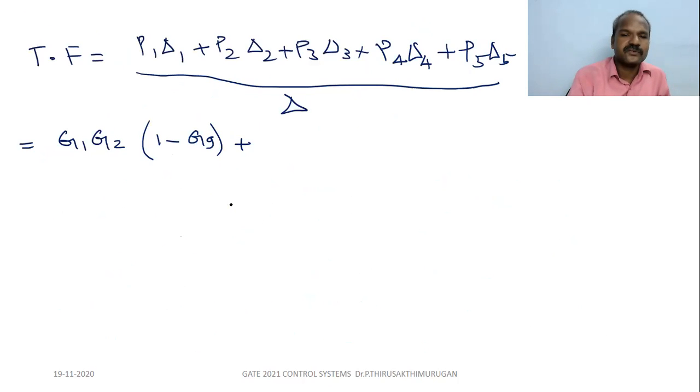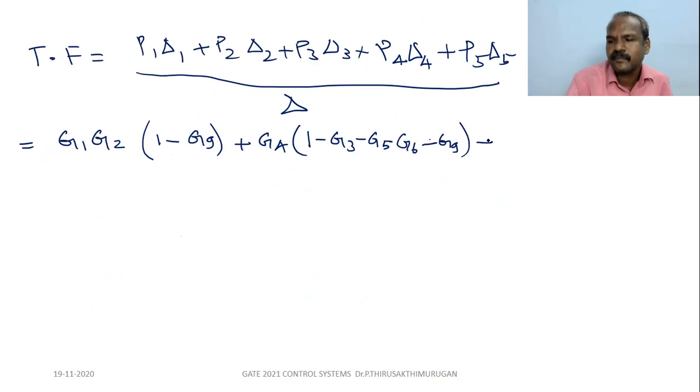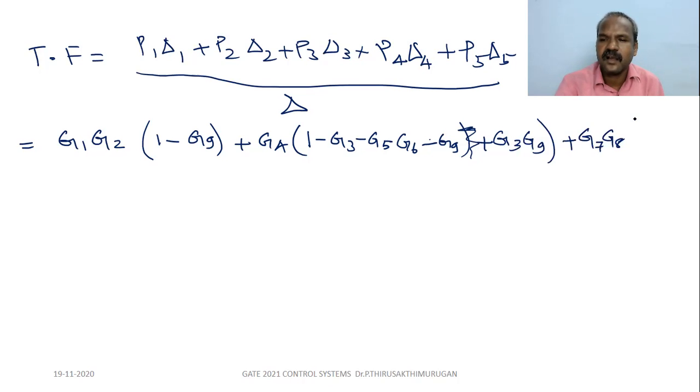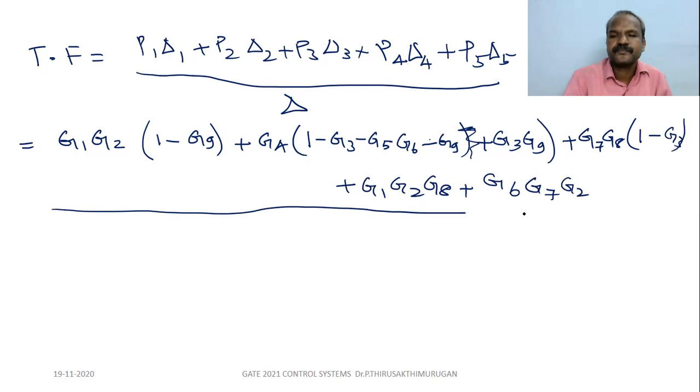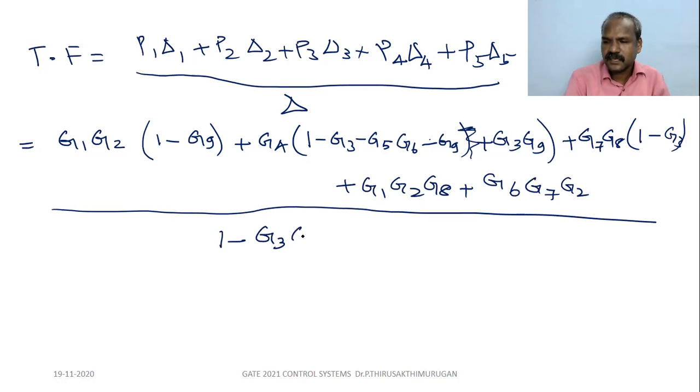Then G4, P2, into 1 minus G3 minus G5, G6 minus G9 plus G3, G9, plus G7, G8 of 1 minus G3, plus the remaining delta 1 values, G2, G8 plus G6, G7, G2, whole thing divided by 1 minus G3, G5, G6 minus G9 plus G3, G9.